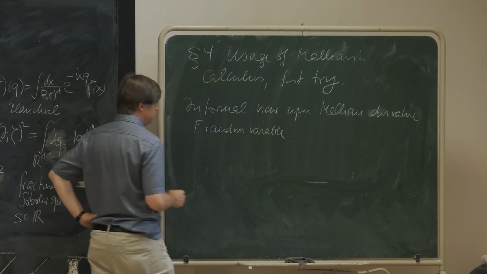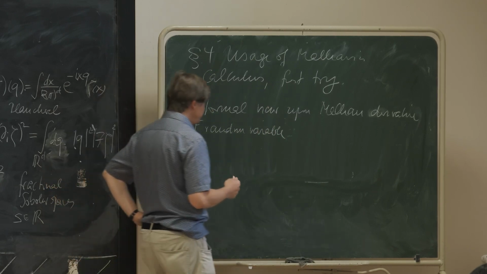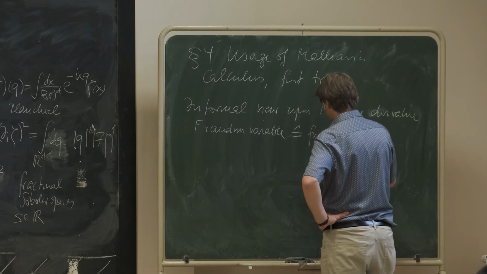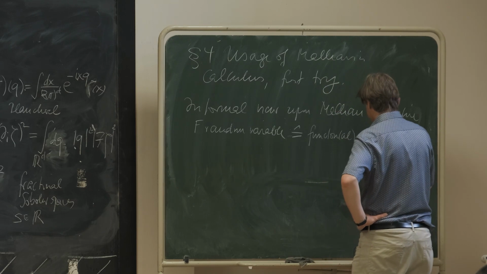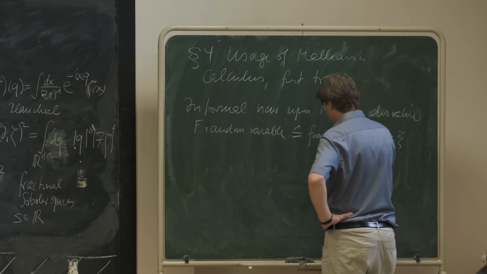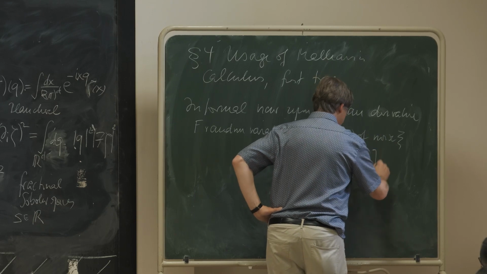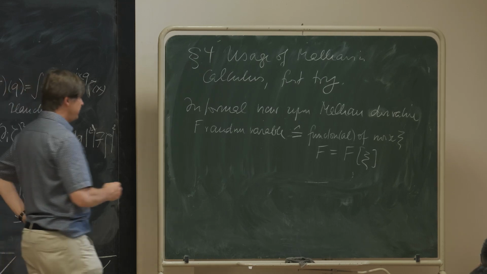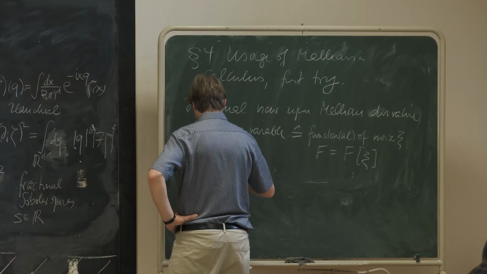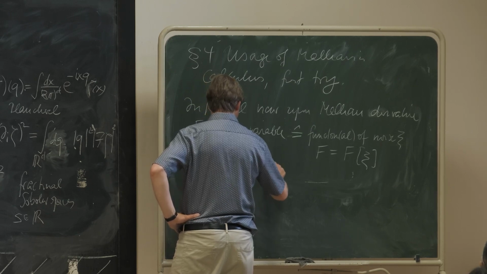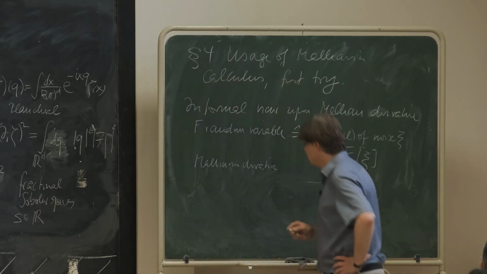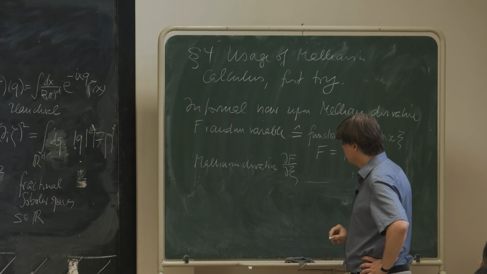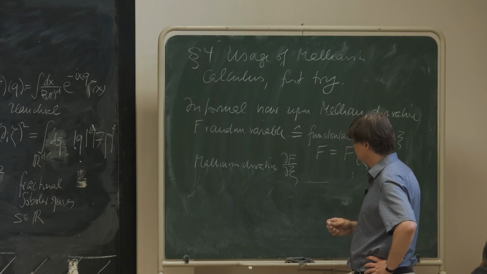But now, for a moment, think of a random variable as really nothing else than a functional or function of noise. It's really something which takes noise in and spits out a number. That's a random variable. And the Malliavin derivative, cum grano salis, of a random variable with respect to the noise is really very much like the Fréchet derivative.